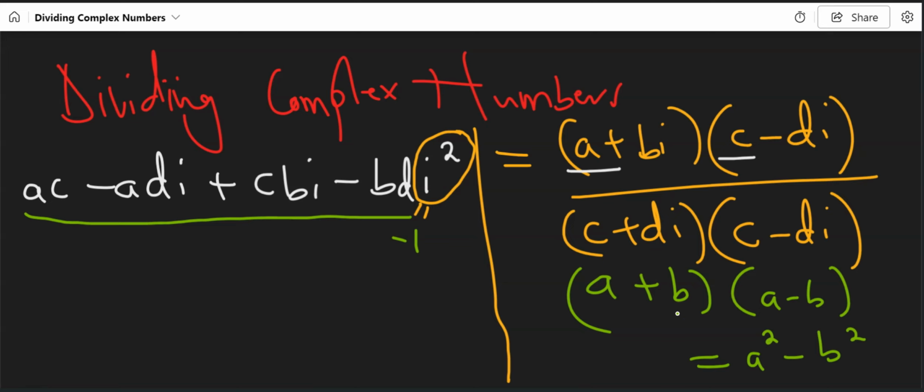If you notice keenly, our b here is di in both places, and our a is c in both. This really helps, because instead of opening one by one, you can solve this simply.